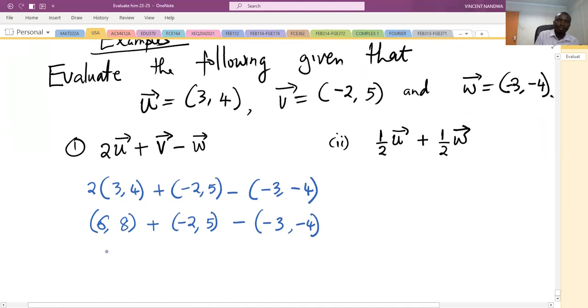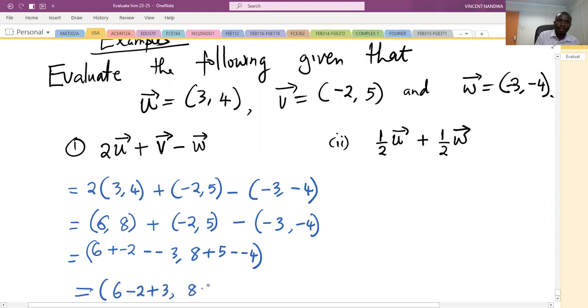So we add corresponding elements. This is the same as 6 plus -2 plus 3, and then 8 plus 5 plus 4.